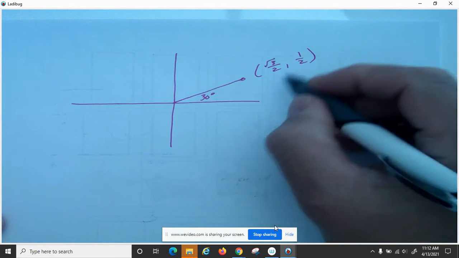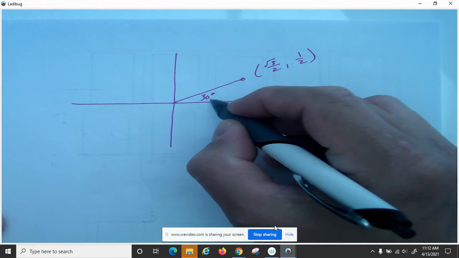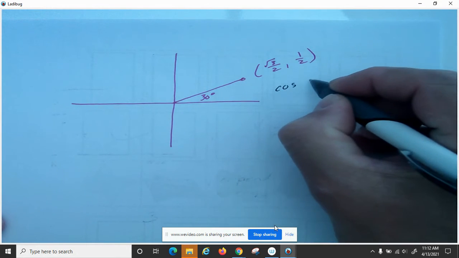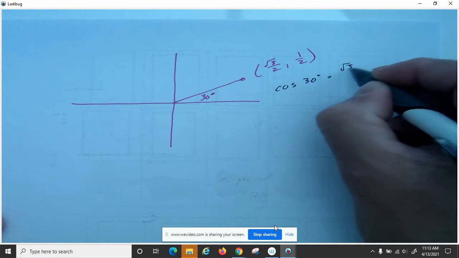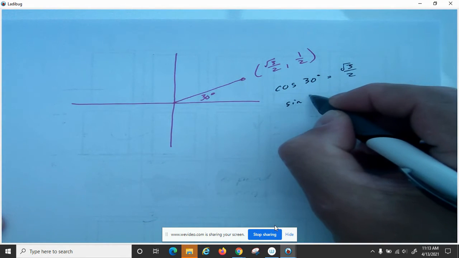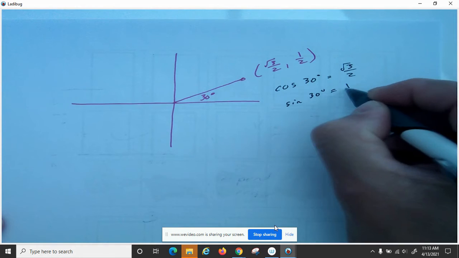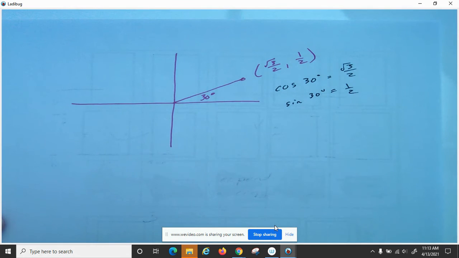So the cosine of a 30-degree angle is equal to the square root of 3 over 2, and the sine of a 30-degree angle is equal to 1/2. Now remember, we are talking about a third quadrant, so in the third quadrant, both sine and cosine are negative. All right, so let's just remember that because I'll transfer it over here.